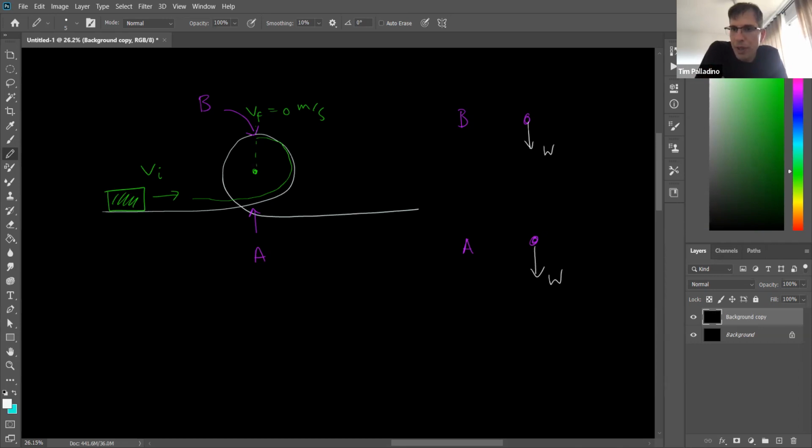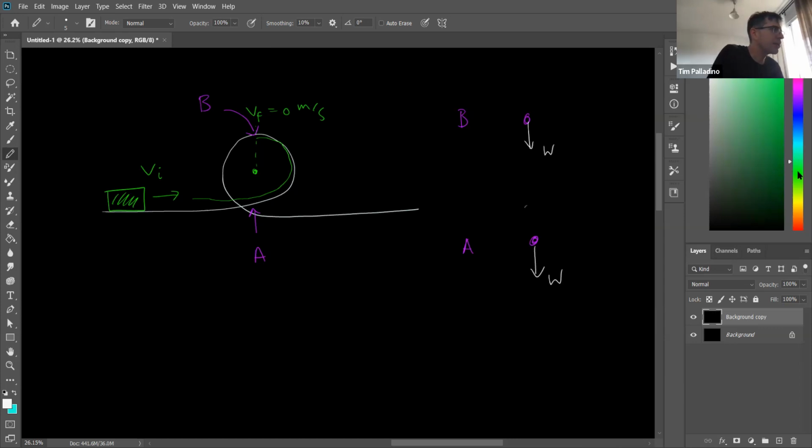What's the name of the other force acting on the cart at this point? The normal force, that's going to be in the upward direction.